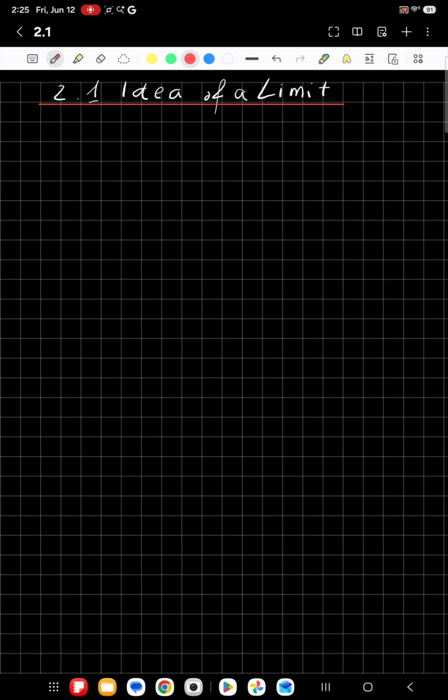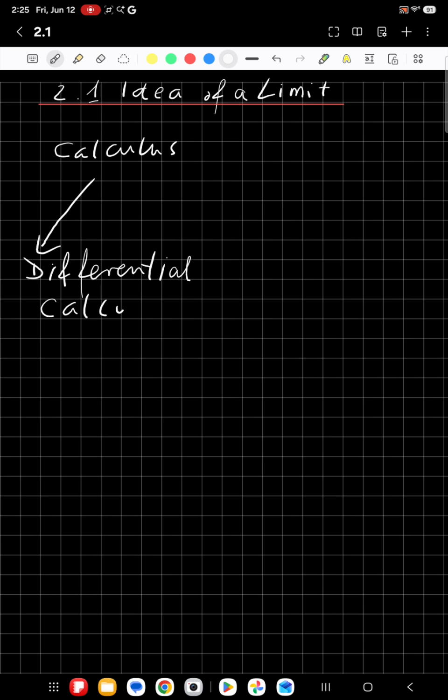So in general, we have two branches of calculus, right? The first branch that we will start with is called differential calculus. We'll be calculating derivatives.